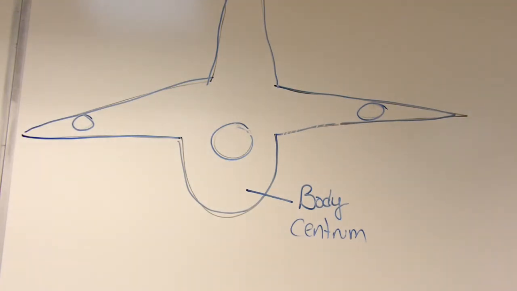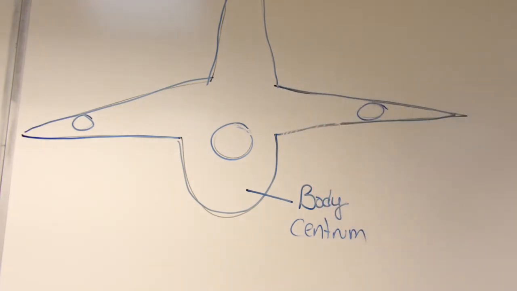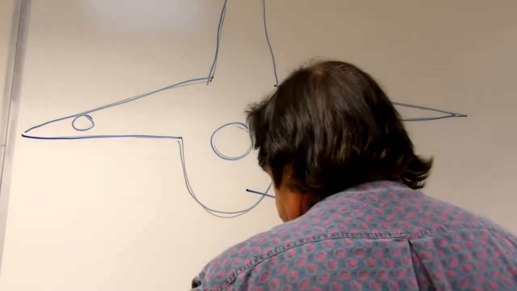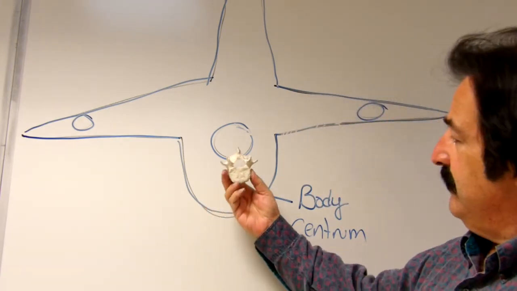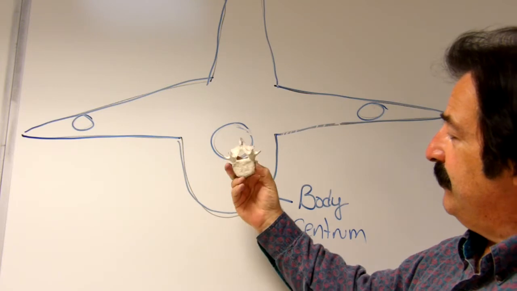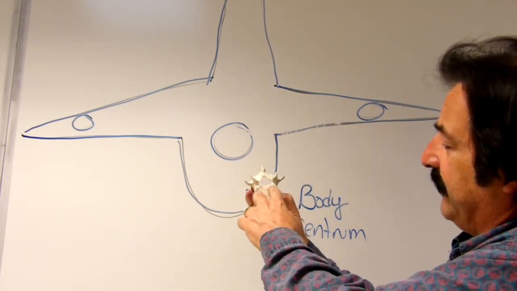There are 3 different types of vertebra. These 3 types of vertebra are the lumbar vertebra, and you can see that their body is very, very large.